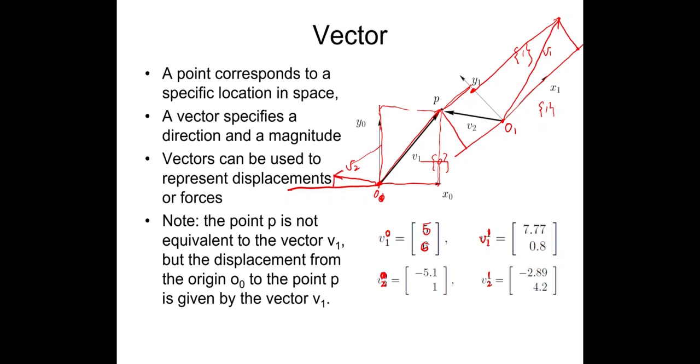It projected to x0, so this part is negative, that is negative 5.1, and this is positive, that is projection to y0, so that is 1. Okay, so that is how we consider the vectors with the different reference frame.